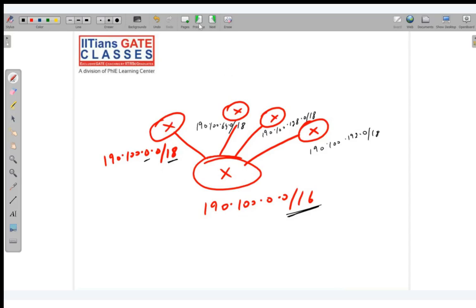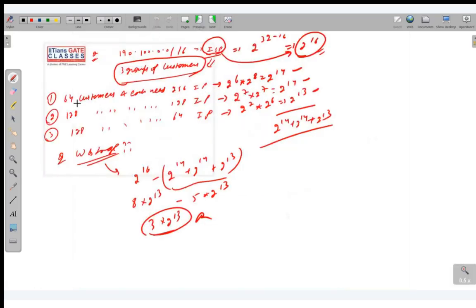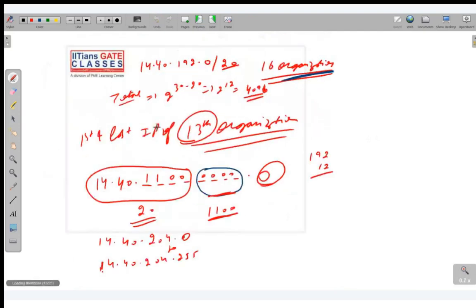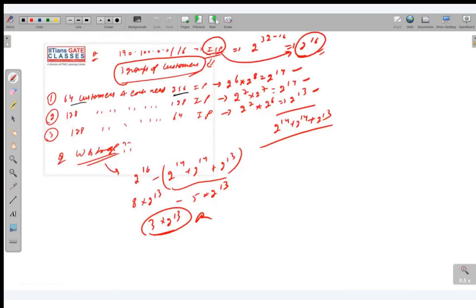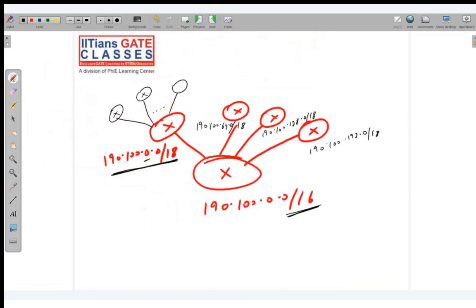Okay. So now these 64 customers each need 256 IP addresses. So now this will again divide this block into 64, as there were 64 customers. Are you getting it, sir? So these will be 64. Now please tell me how many IP addresses each router is going to handle. Total 2 power 14 IP addresses were there, divided by 64.